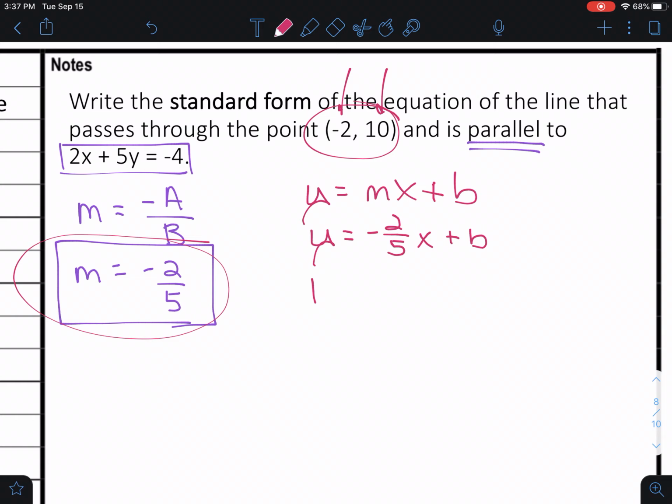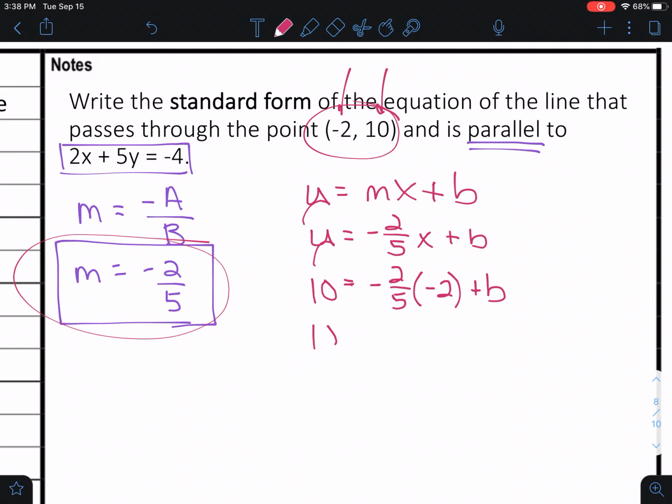So I'm going to have 10 here minus 2/5 times x, which is negative 2, plus b. Okay, so now I'm going to do some solving to get b.